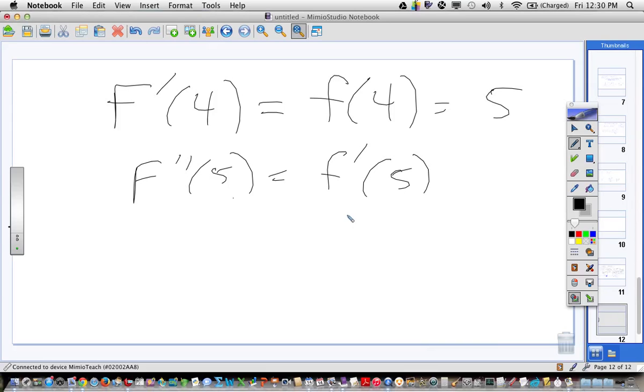When it says that f double prime has its minimum value, f double prime would be the same as little f prime. Little f prime is the slopes of this graph. So when are the slopes a minimum? It's when they're the most negative. That would be the lowest value, the most negative. Okay? And that's what happens right there at that inflection point, when they're the steepest going down. All right? Stop me if you've got any questions.